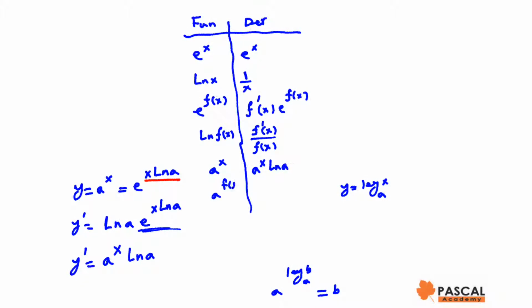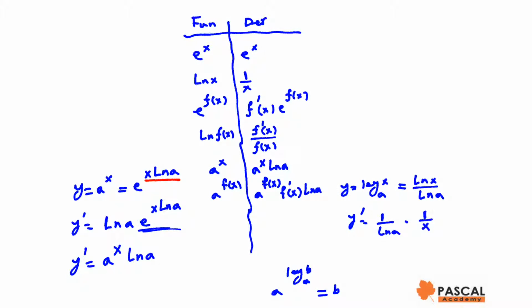By chain rule, the derivative of a^f(x) is a^f(x) f'(x) ln a. Since log base a of x is the same as ln x divided by ln a, the derivative of (ln x)/(ln a) is 1/ln a times the derivative of ln x, 1/x.